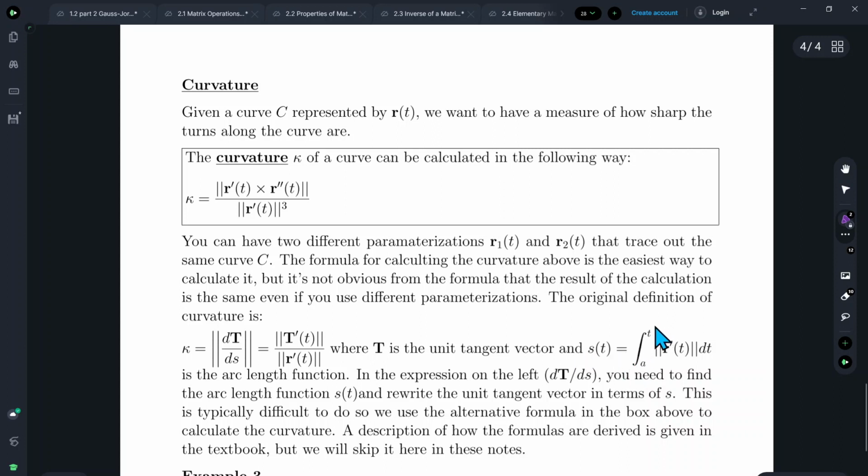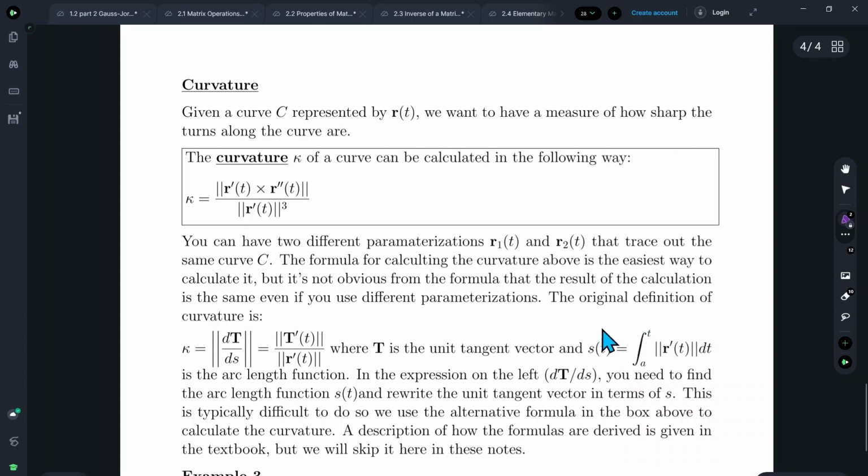If you take the integration so that the lower limit of integration is the left endpoint, but you allow the right endpoint of integration to vary with the parameter t, then this gives you the arc length function.